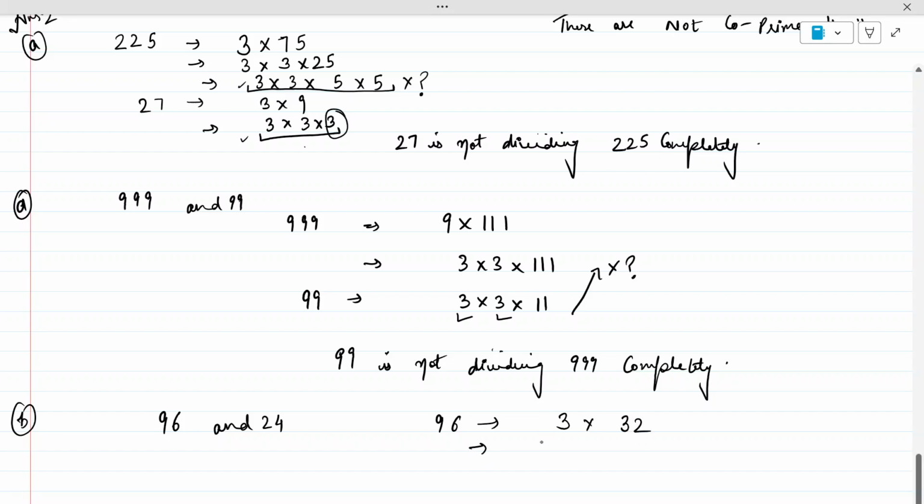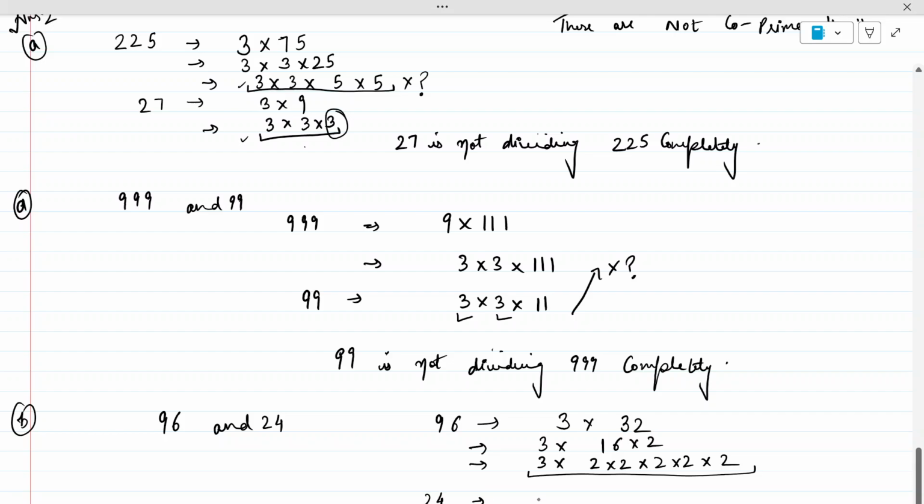And I can now break this 32 into 16 into 2. And 16 I can write as 4 times 4, and then this 2. So these are the prime factors of 96.